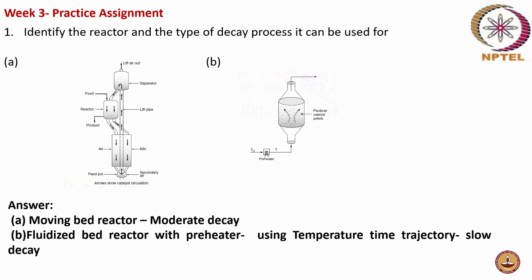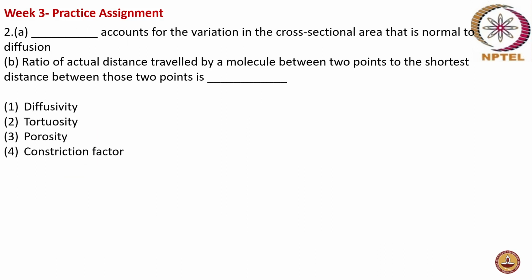Okay. Now let's get on to question number 2. Question number 2 has two parts. Part A is: a dash accounts for variation in the cross sectional area that is normal to the diffusion. Which parameter accounts for this variation in cross sectional area?